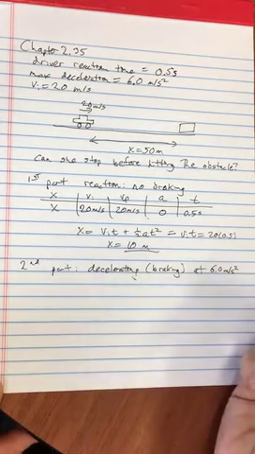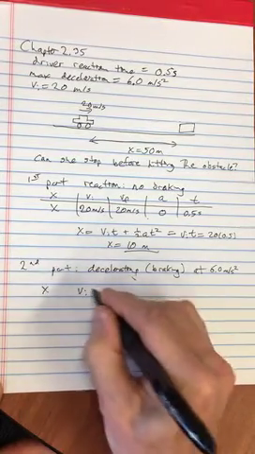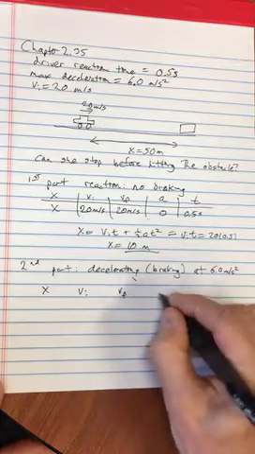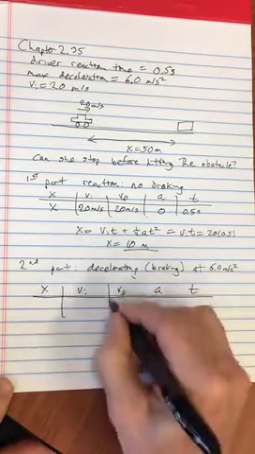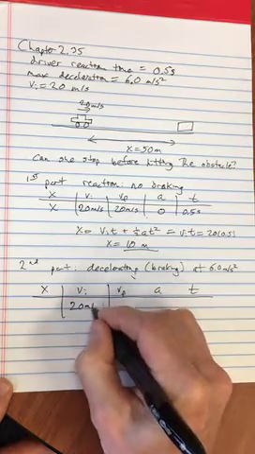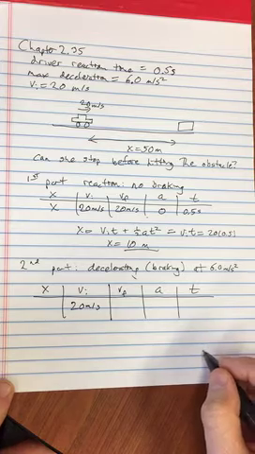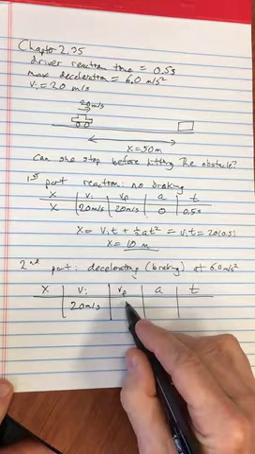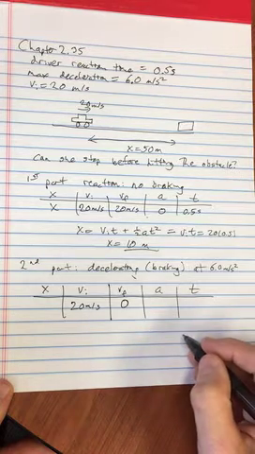That means that acceleration is in the opposite direction of her motion. We'll go ahead and tabulate what we know here. And what we know is that her initial velocity is 20 meters per second, and we're interested in the time it takes for her to stop. So her final velocity is 0.